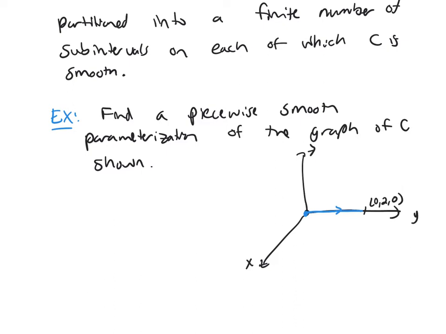And then it's going to go horizontally out to the point (1, 2, 0). And then it's going to go vertically, straight up, to the point (1, 2, 1).